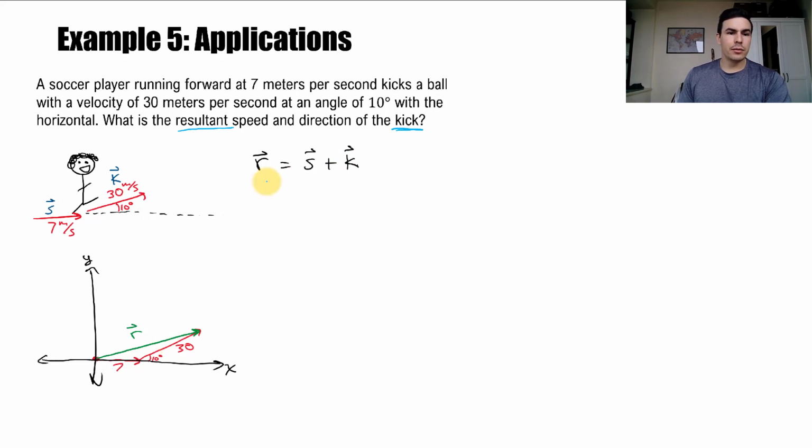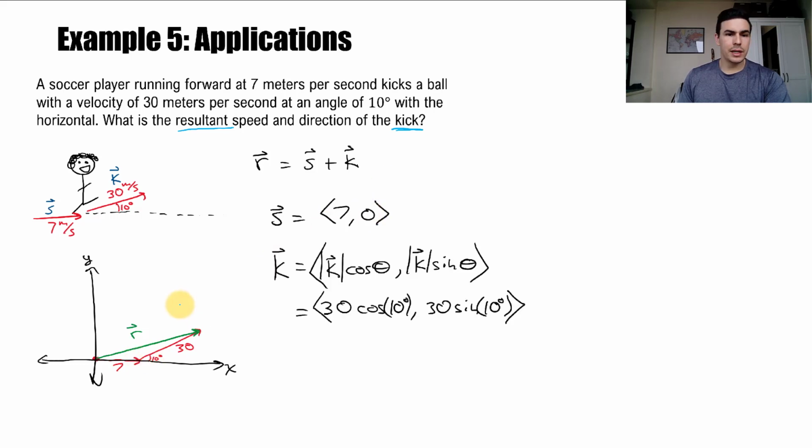Vector S, we can express in component form as 7, 0, because it has a magnitude of 7 and it's going completely horizontal, so no vertical component there. Vector K, however, the magnitude times the cosine is going to be the horizontal component, and the magnitude of K times sine of theta is going to be the vertical component.